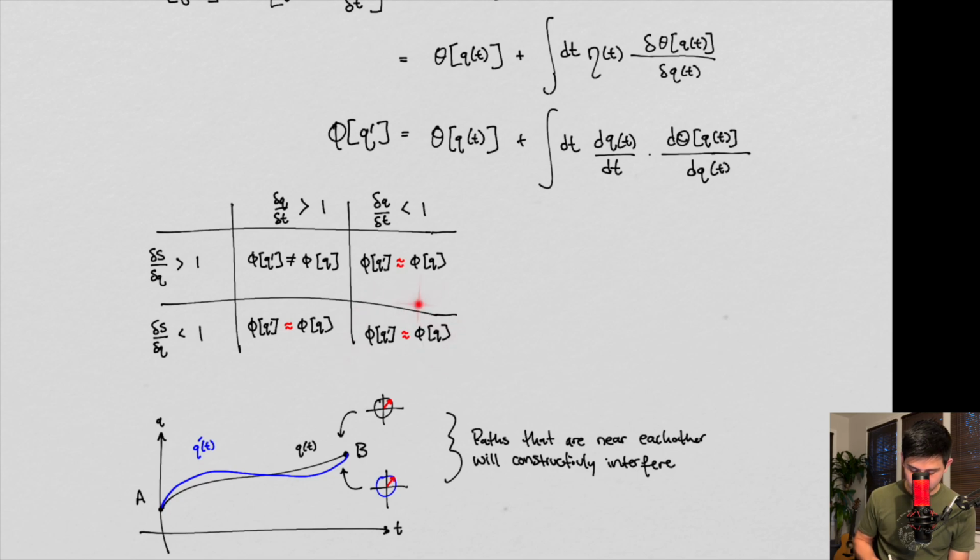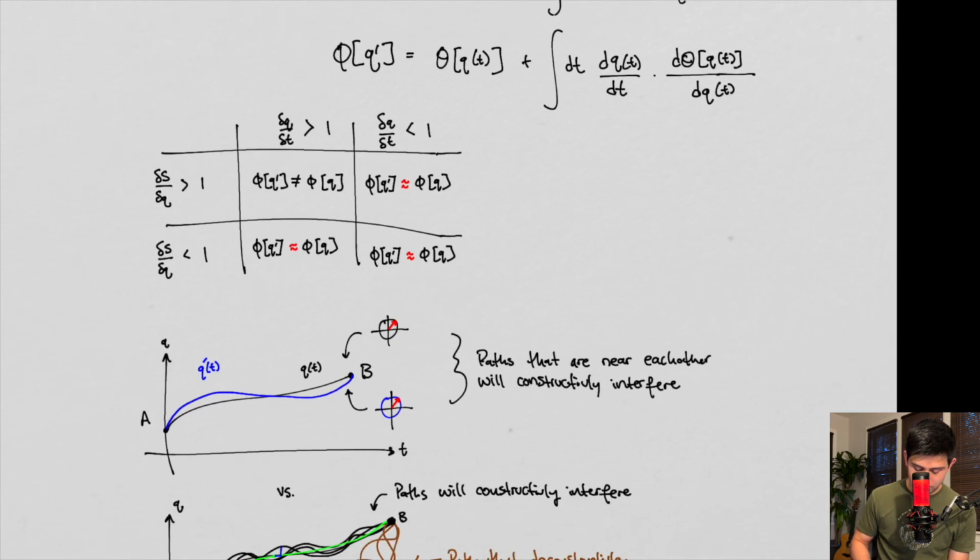So we're really just focusing on this point here. If there's a small change in time and a small change in this guy, both of these two guys are really small, then we can basically say that the action here is not changed by a lot.